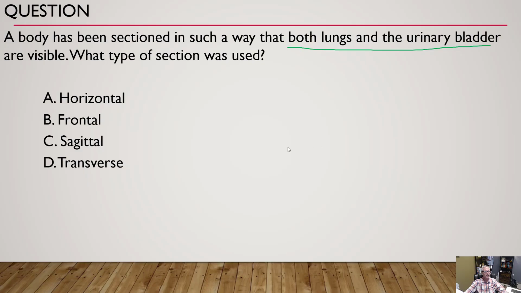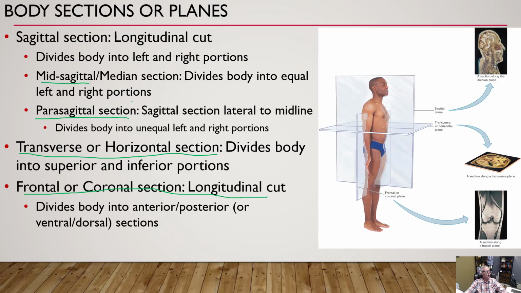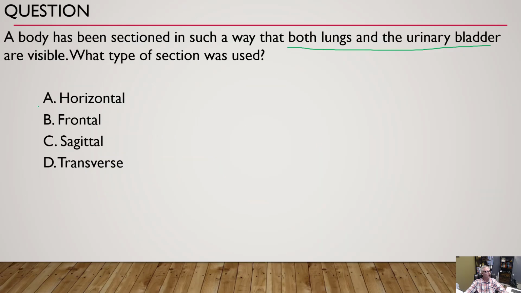What type of section was used? A horizontal section divides the body into superior and inferior. So here would be the horizontal. If I cut the body here, would I be able to see the lungs and the urinary bladder? No.